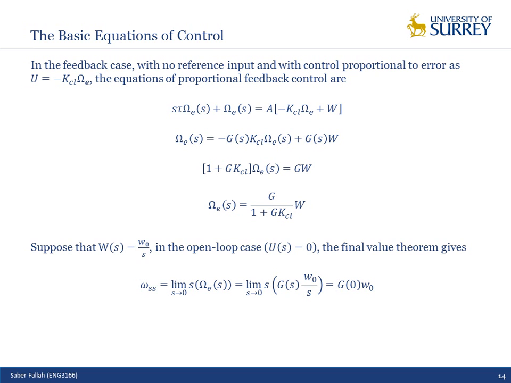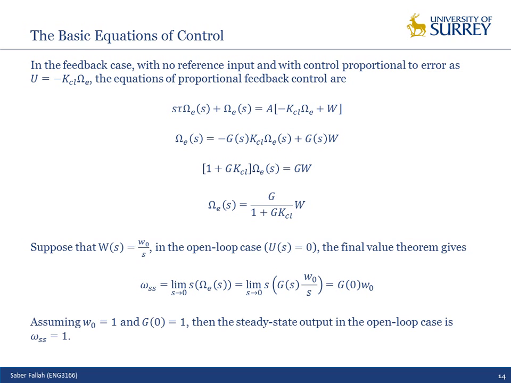So the open loop system's steady state variation of omega, or the response of omega, will be magnified by the disturbance. The open loop system cannot handle the disturbance in any case. For example, let's say W0 is 1 and G0 is 1, so A is equal to 1. In this case, omega SS will be equal to 1.